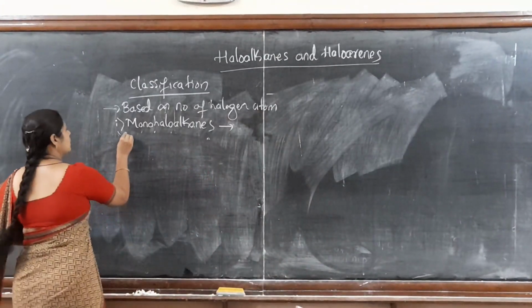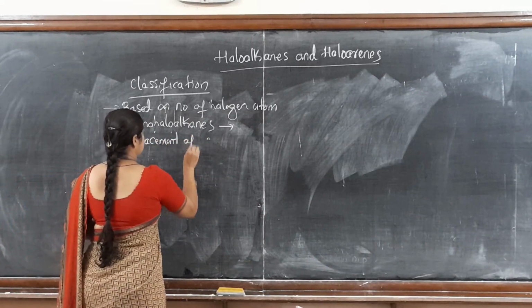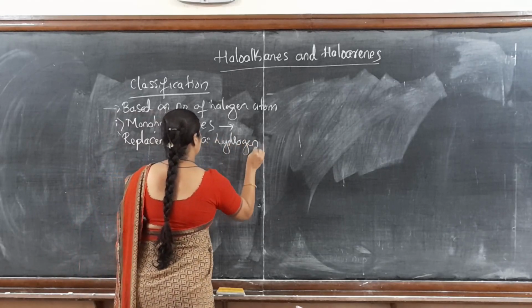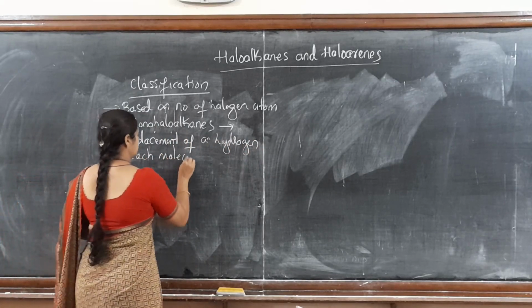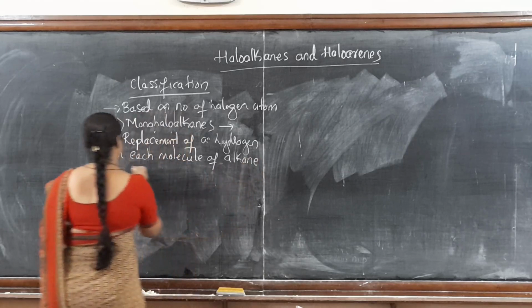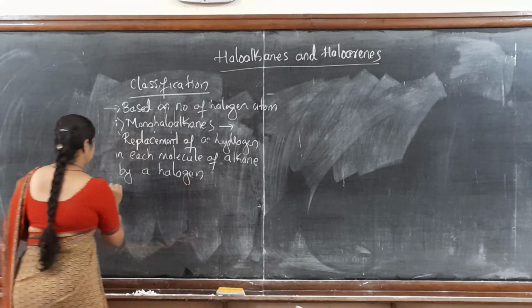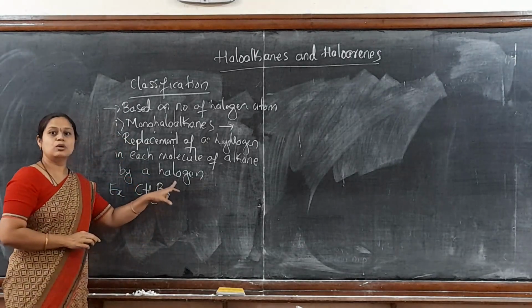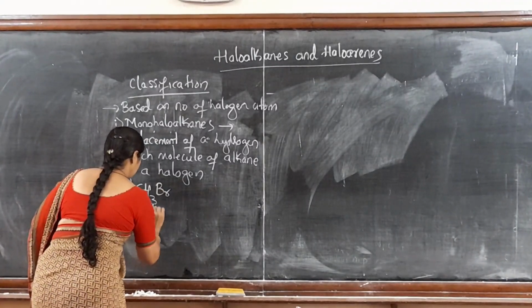For example, CH3Br. Here you can see only a single halogen atom is there, methyl bromide.